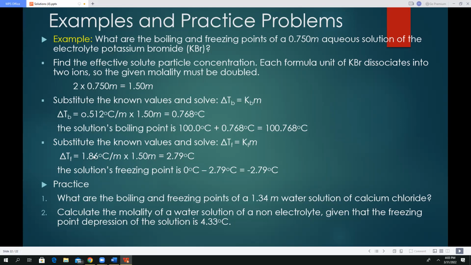If your answer gave you 2.79, then you subtract 2.79 from 0, which is the freezing point, and you get negative 2.79. See, that's what I was telling you. That is the freezing point of water. So when you added that salt, you would have had that depression happening.